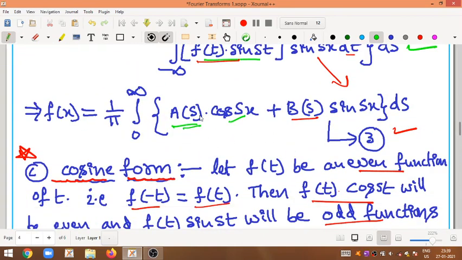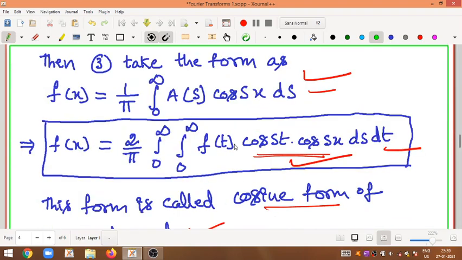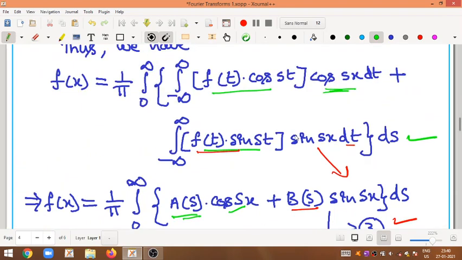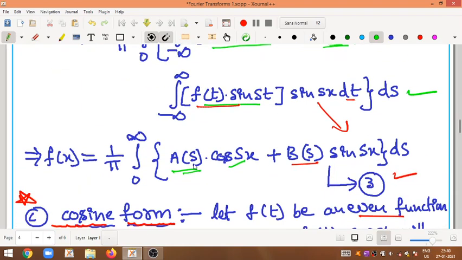Here as value becomes 0. That's why 1 by pi into integral 0 to infinity f of t into cos st into cos sx into dt into ds becomes 0 totally.